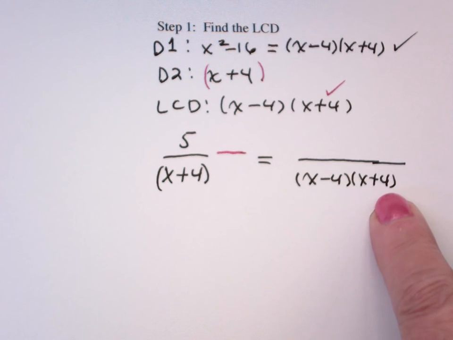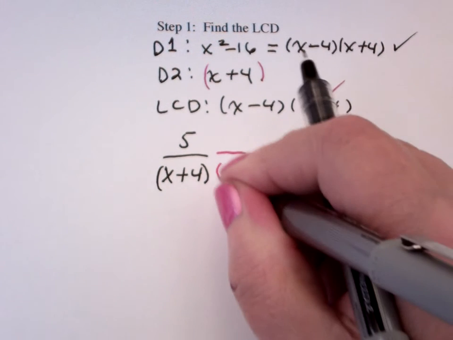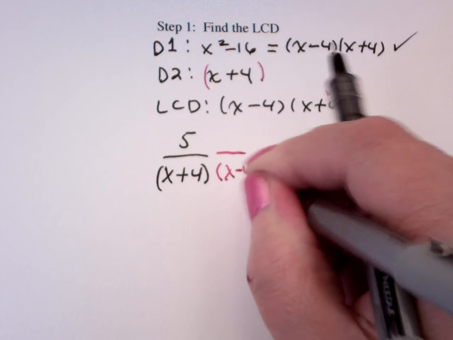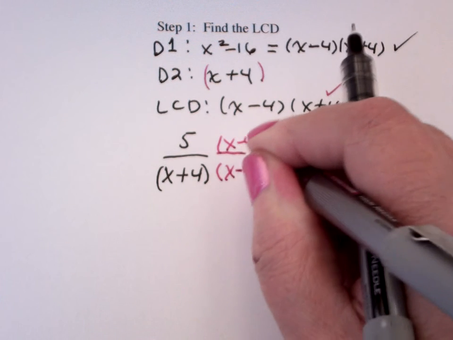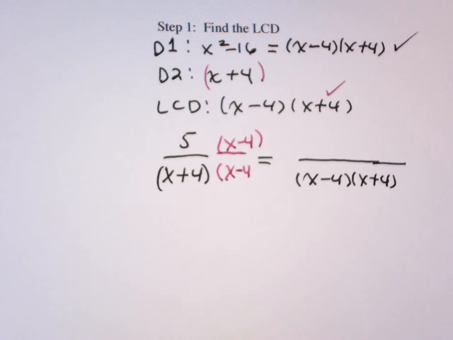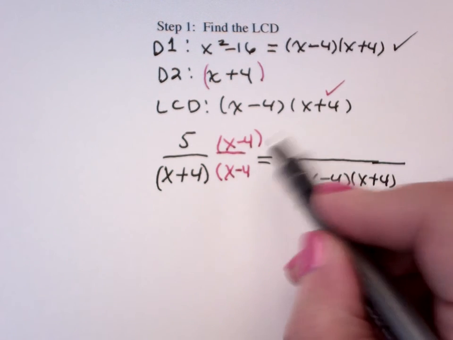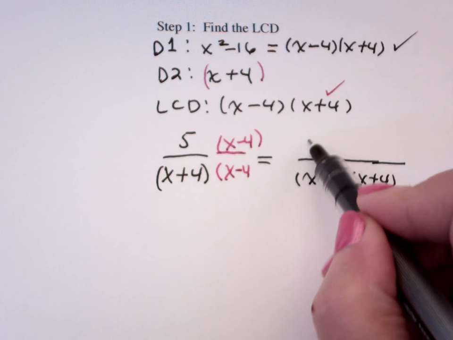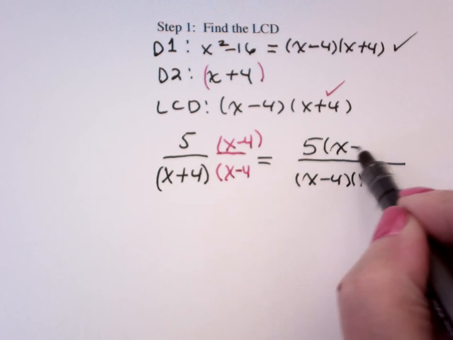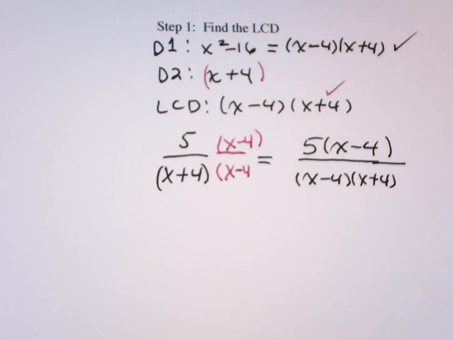I've already got an x plus 4. I'm missing an x minus 4. So I'm going to multiply by x minus 4. So this becomes 5 times x minus 4. And I'm just going to leave him alone.